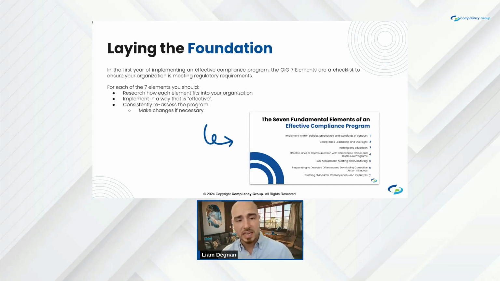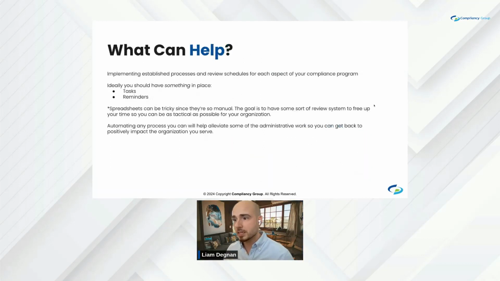Just continue to reassess, review, and update things as needed to be a better reflection of your environment. Okay. In general, if you don't have some sort of way of getting organized with this, create a system of tasks, reminders. Spreadsheets can be tricky because they're manual, but again, if you have that sort of a system with tasks and reminders and automation, it's a huge help.